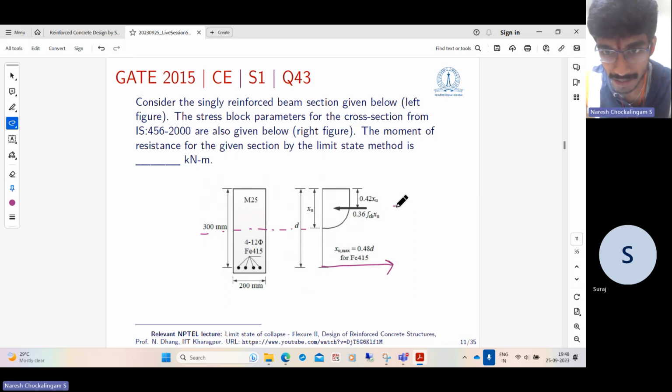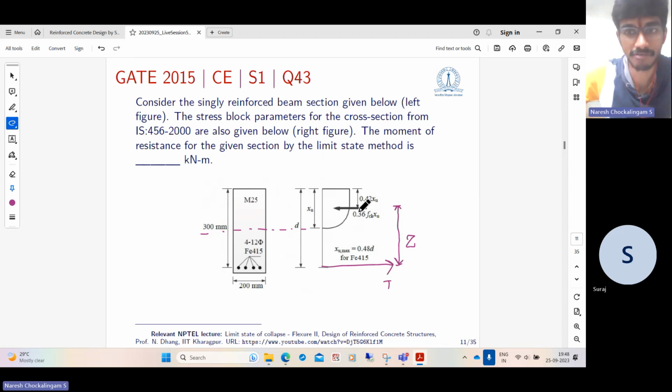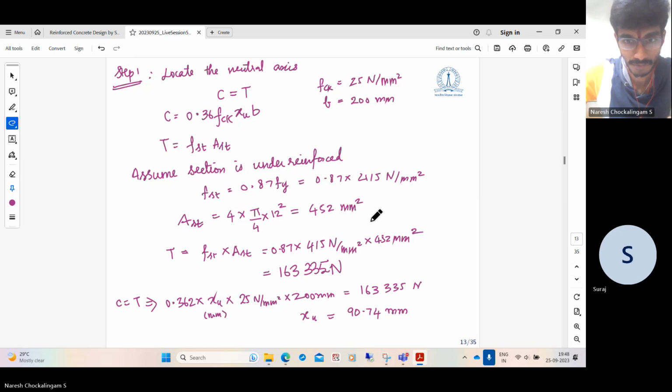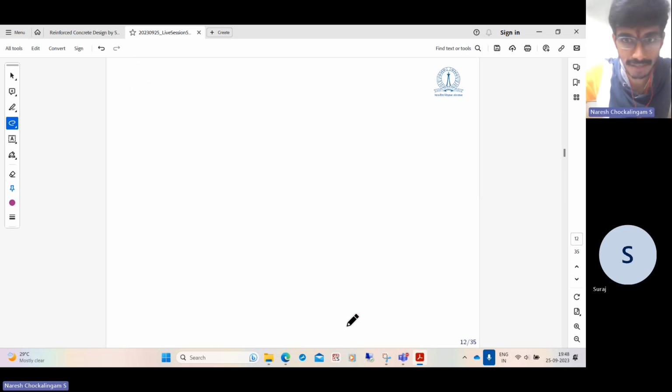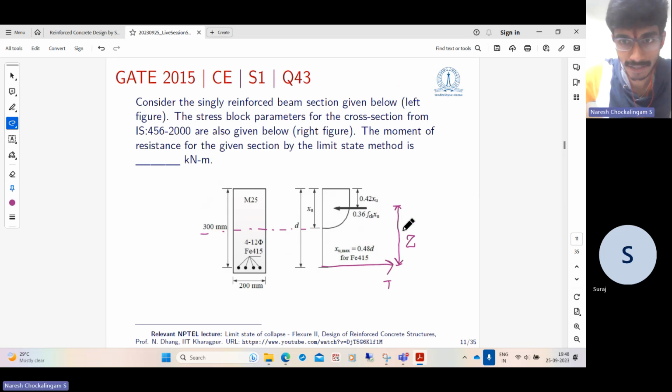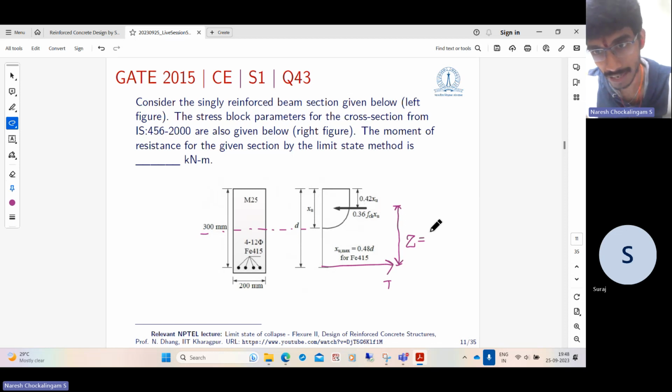Let us call this distance Z. So the moment in the cross section is the tensile force multiplied by Z, or the compressive force multiplied by Z. We have got XU. What is Z? The next step is to find this distance Z. As you can see from this diagram, the total distance is D, and this is 0.42 XU. So Z is equal to D minus 0.42 XU.